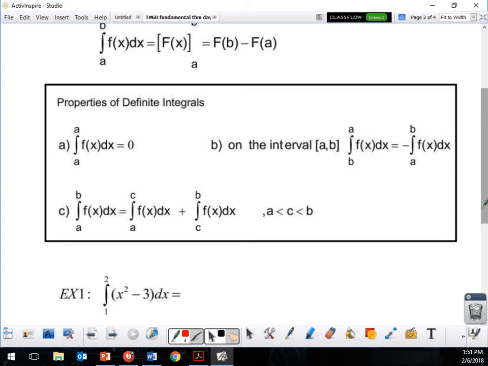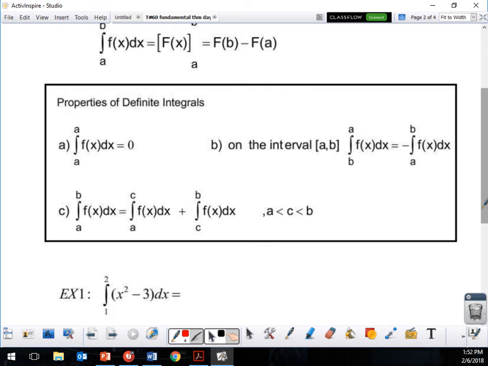So now on the integral from A to B, it's going to be from A to B. I could also have the opposite. There are some times in which you are going to need to change this, because if my integral does not work out for what I'm working with, because I have a negative or something in there, I still want to find the total area.